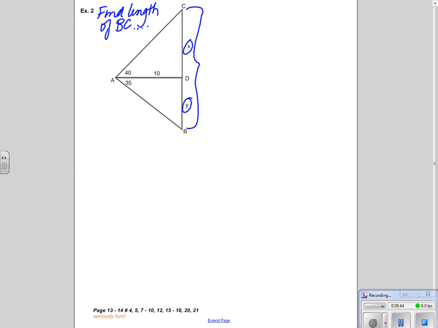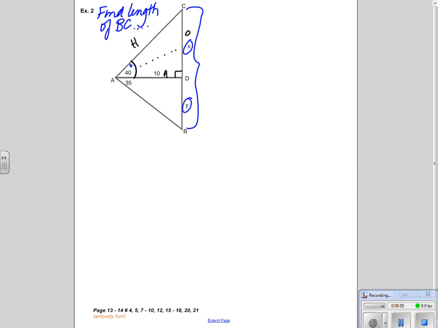For the upper triangle, we have 40 degrees and we have a length of 10. So we could find length x by using a trig ratio. So for the upper triangle, I'm going to use my angle of reference 40 to label the sides. This would be the hypotenuse side. This is opposite, and the 10 is adjacent.